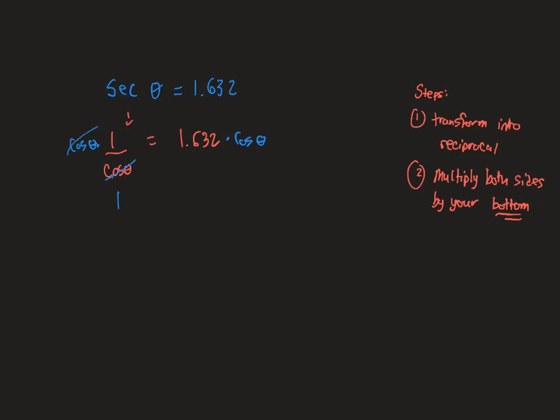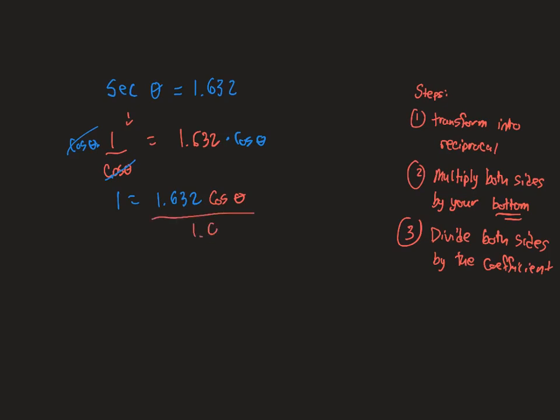Finally, you want to divide both sides by the coefficient, so in this case you're dividing both sides by 1.632.